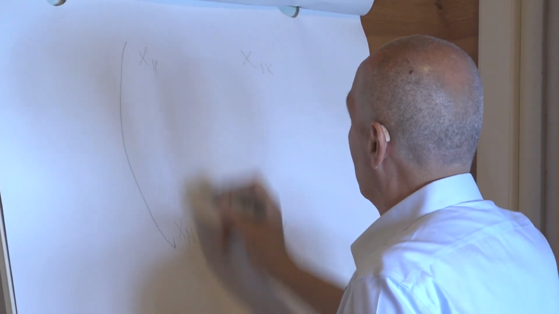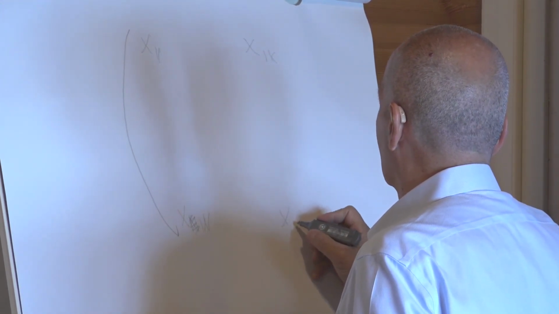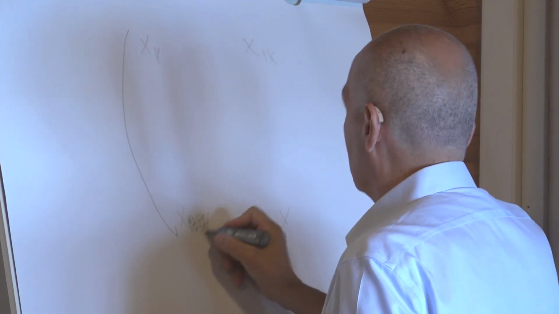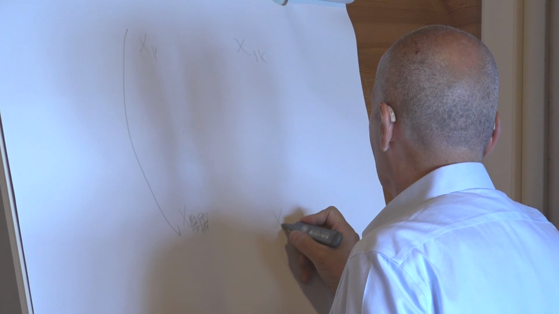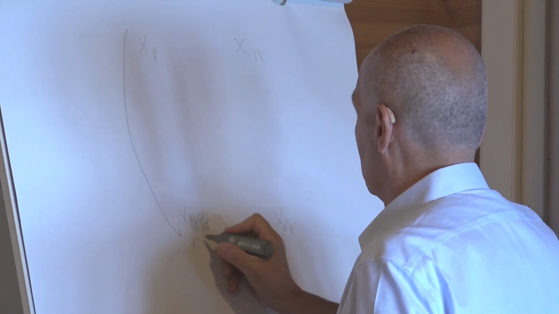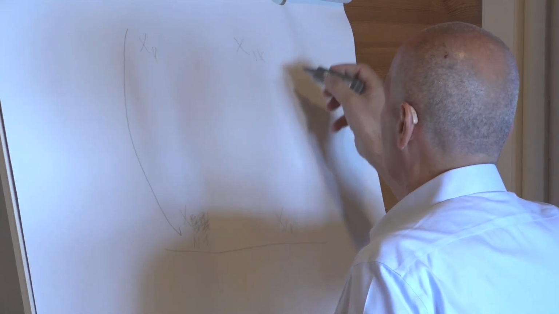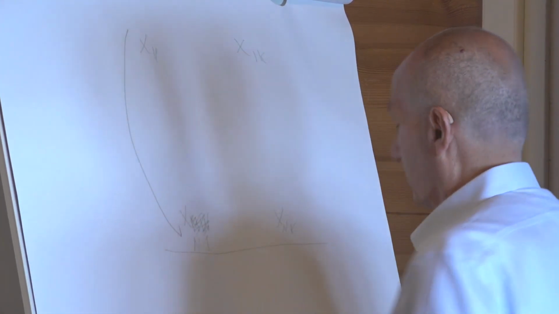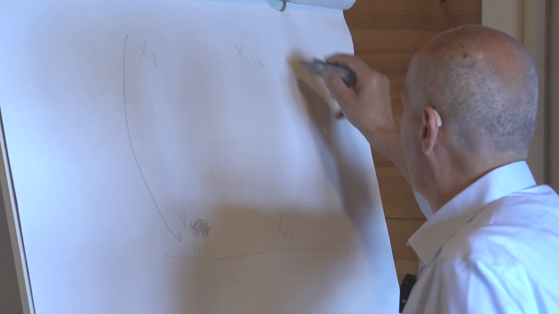with n rows and k columns. Okay, so this is the n rows, and this is column 1 to k. Imagine this is a base matrix, no?